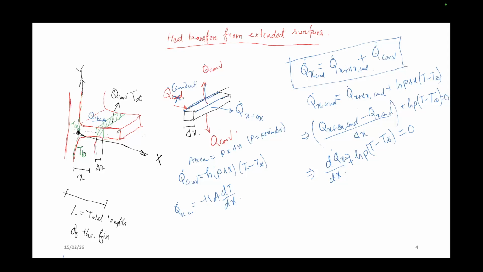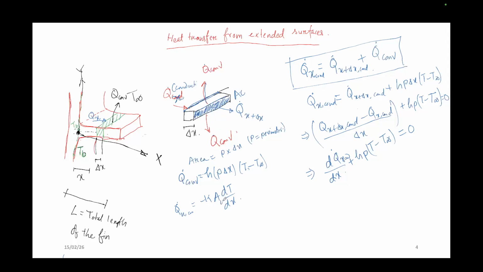But here, in case of conduction heat transfer, we will take only this area, the cross section area, so I just take this cross section area as A, or Ac.